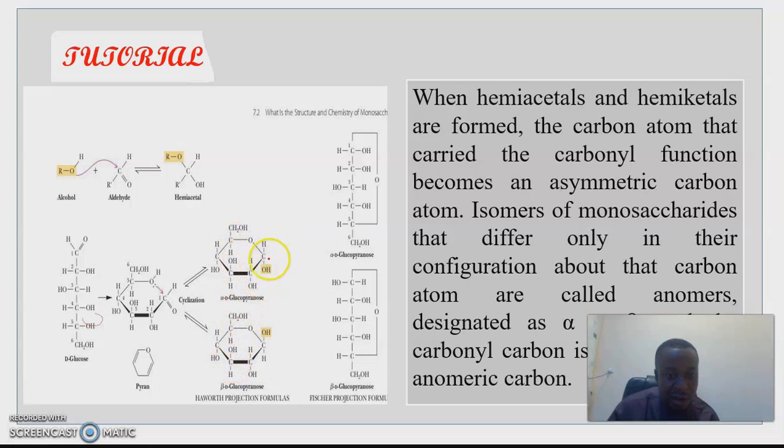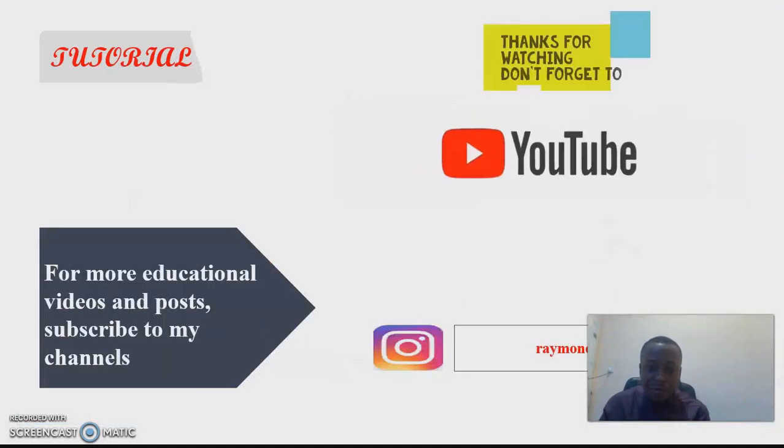Here you can see this is an alpha glucose, the hydroxyl group is here. For beta glucose, the hydroxyl group is here. So this is alpha-D-glucopyranose because of the cyclic structure. This is beta-D-glucopyranose, and the hydroxyl is located at the upper part.